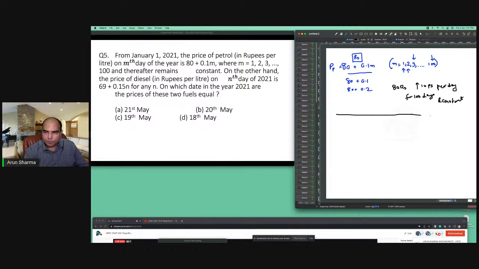The other logic given here, on the other hand: the price of diesel is 69 plus 0.15N, where N is between 1 to 365.